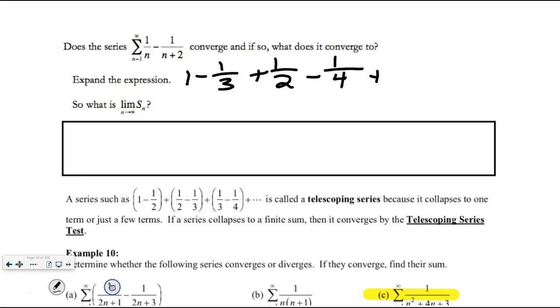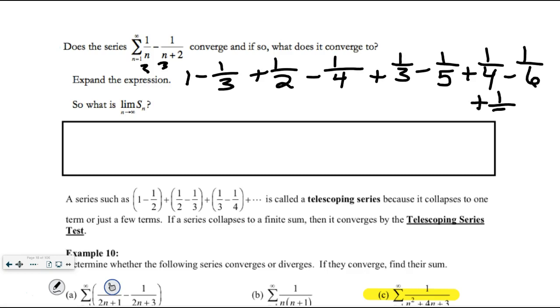Then I'll do a plus 1/3 when n is 3 minus 1/5. And then I'll do a plus 1/4 when n is 4 minus 1/6. And then I'll do a plus 1/5 when n is 5 minus 1/7. What are you noticing as I'm writing it out? Things start canceling. That's why they call it telescoping. It goes down to just a very small amount.